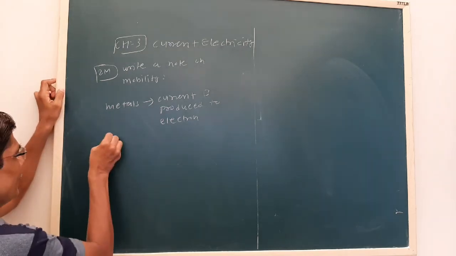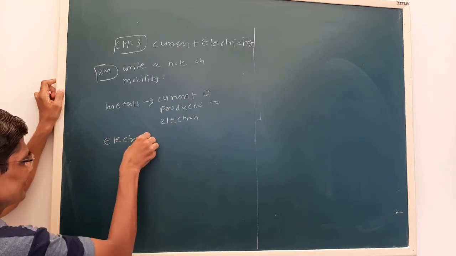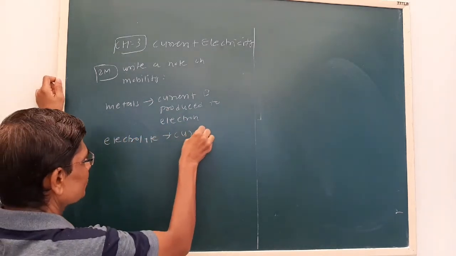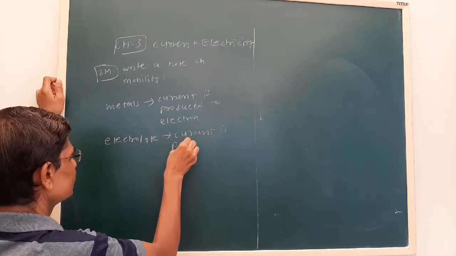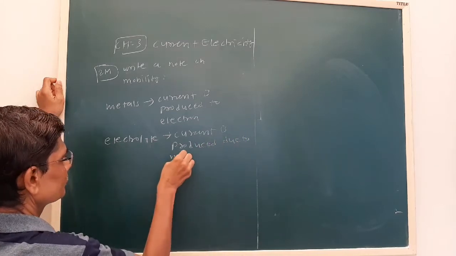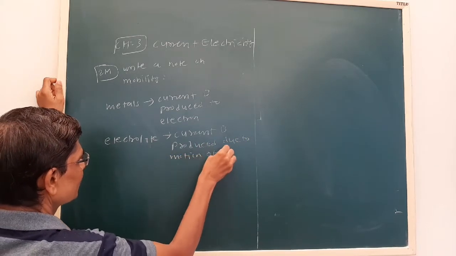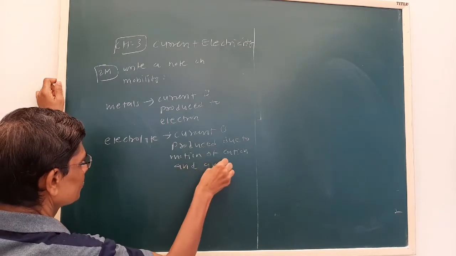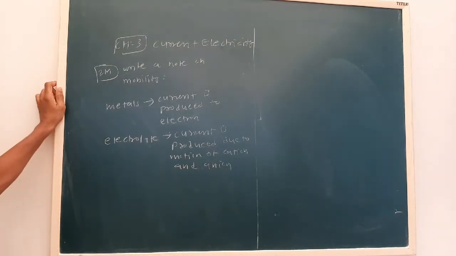Now in electrolytes, that we study in electrochemistry also, the current is produced because of the motion of cations and anions, that is, positive and negative charges.